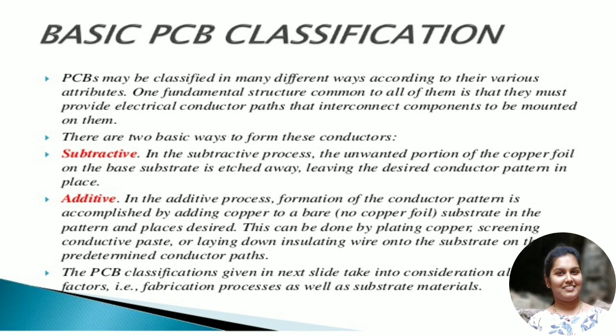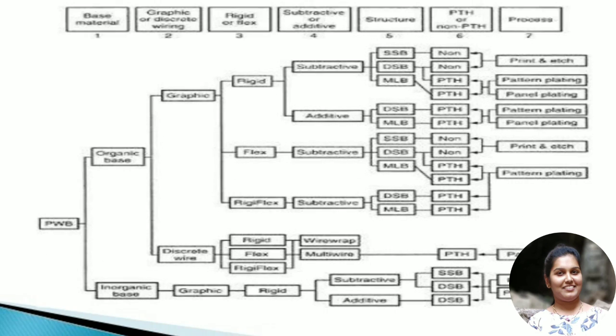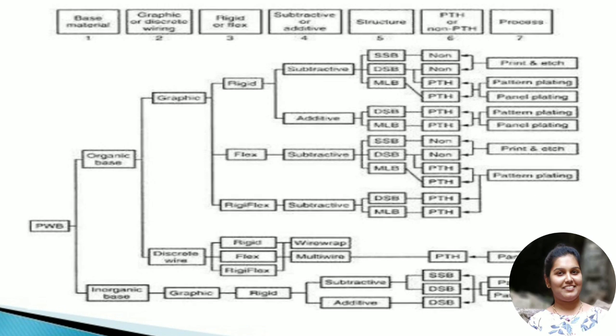Okay, so this is the basic classification, and an elaborate classification we'll see. Here you can see the different types of PCB classification. In the first row, the first one is PCB based on the base material we use.